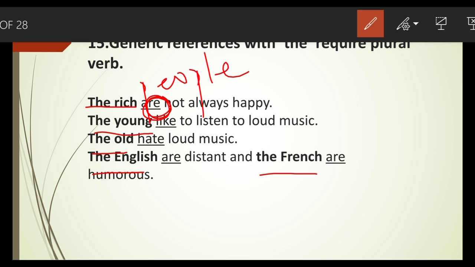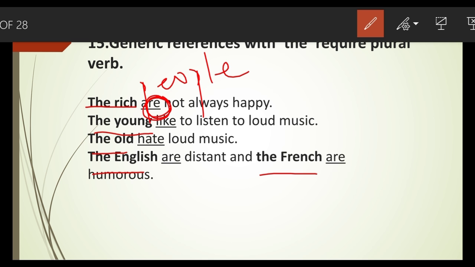The young, ang mga kabataan, like to listen to loud music. Gustong-gusto ng mga malalakas na sounds or music. The old people hate loud music. Wala lang yung word na people, pero sa generic reference, implied sila that eto yung grupo na yon.